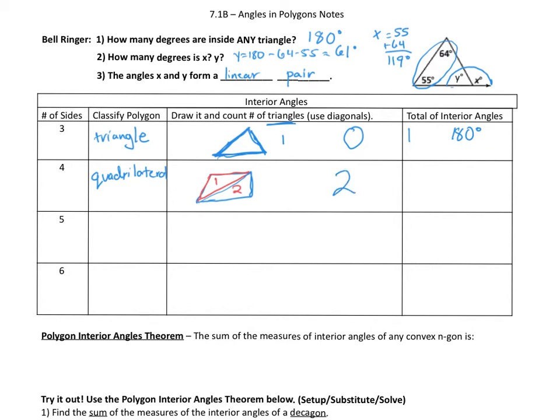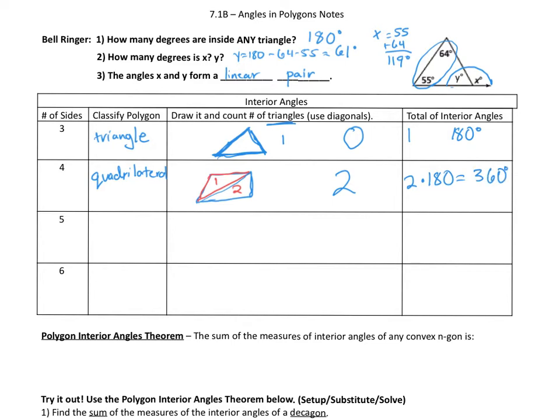The sum of all the interior angles: I'm going to take how many triangles there are, 2, and multiply that by 180. That gives me the sum of all the interior angles must add up to 360 degrees.